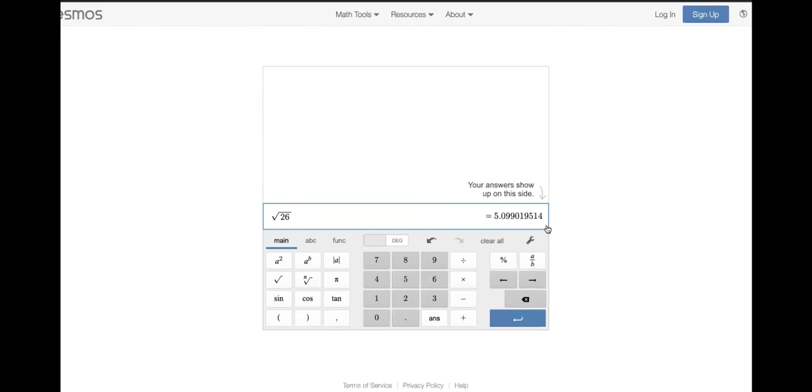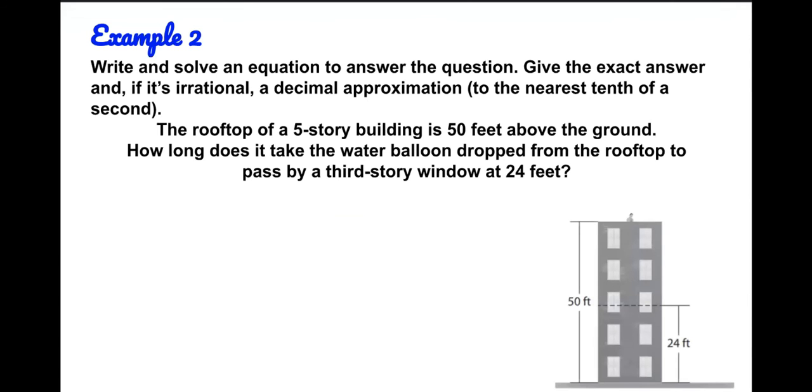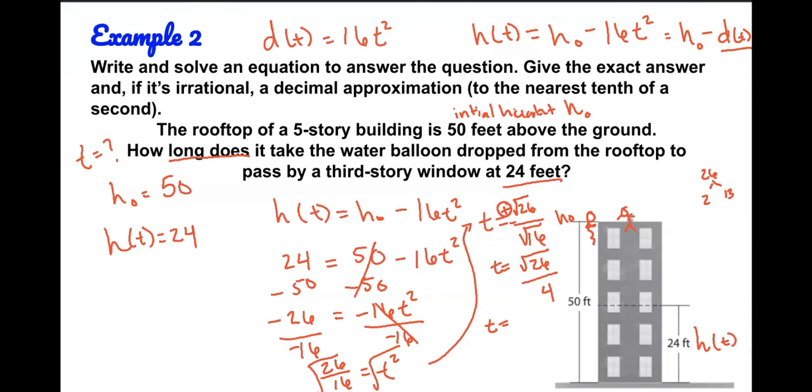It's equal to 5.09 and so on. All that divided by 4, it is 1.27. Let's go ahead and write that out. Back to my presentation. So this would be what?